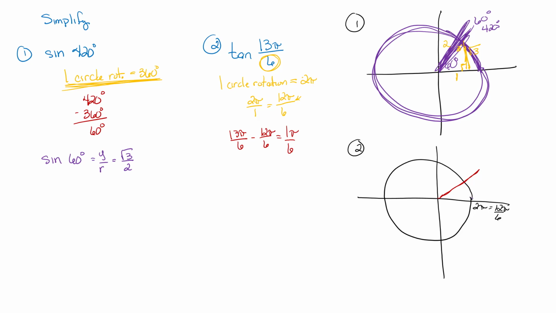So what we're being told is I'm going one full rotation around the circle and then a little bit extra. And that little bit extra is pi over 6. So basically, it's a first quadrant angle I'm dealing with, isn't it? Okay, so you're like, pi over 6, how many degrees is that?